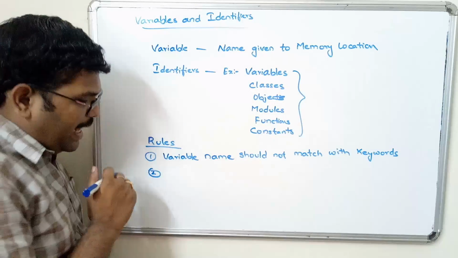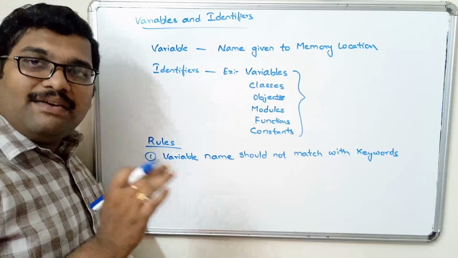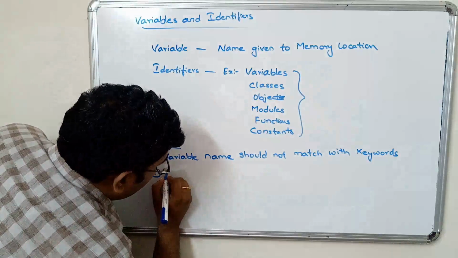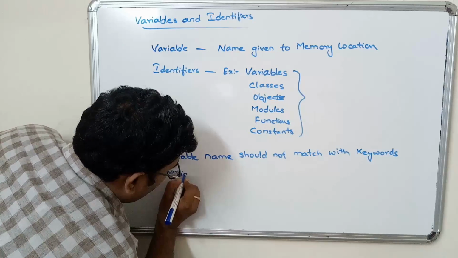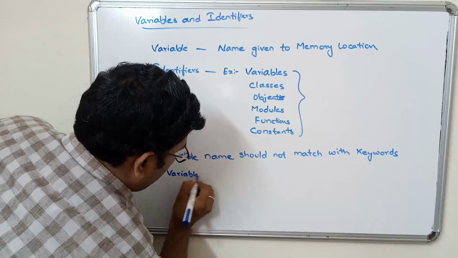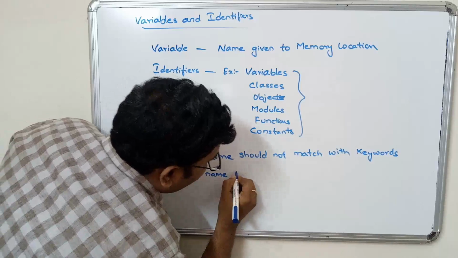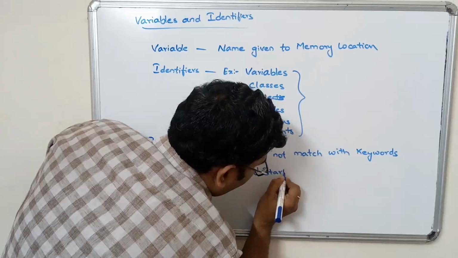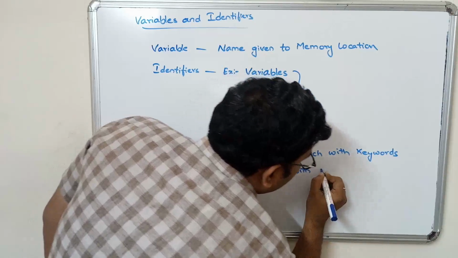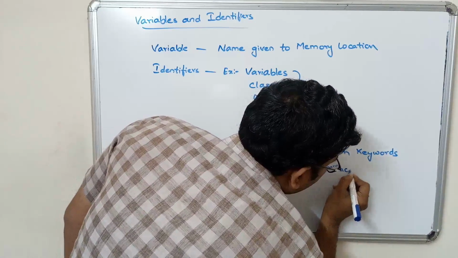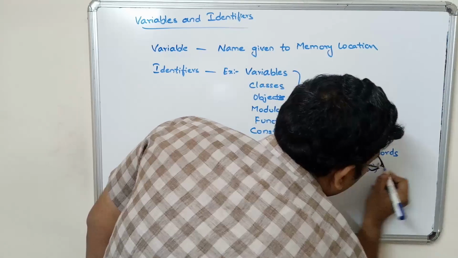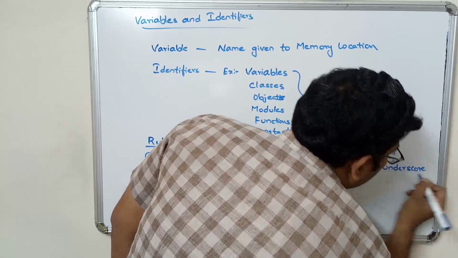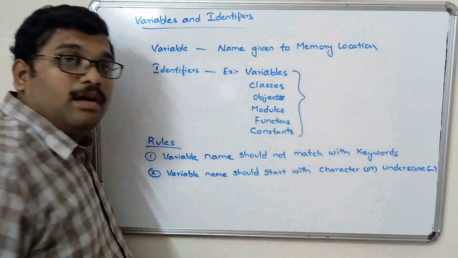Every identifier name should start with either a character or an underscore. The variable name should start with a character or the underscore symbol.